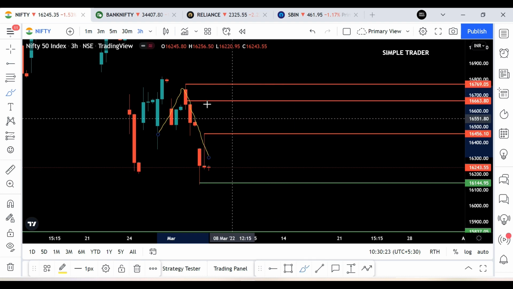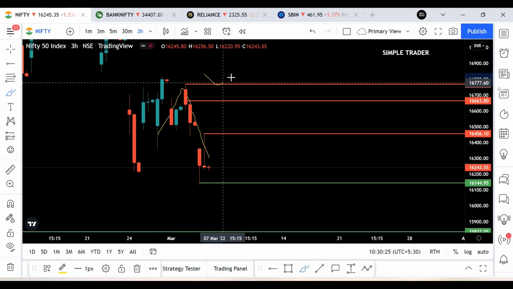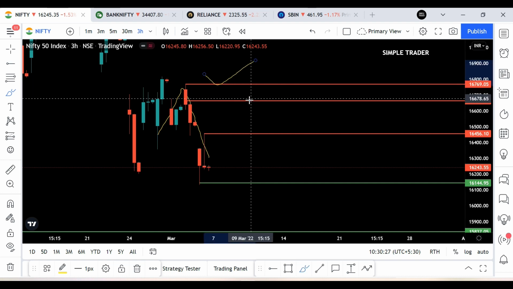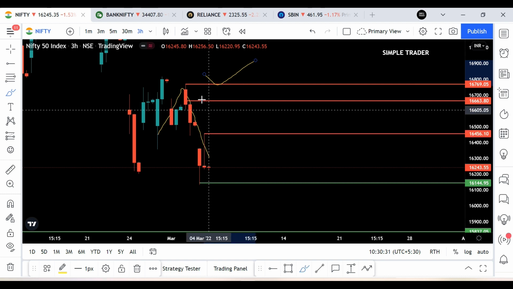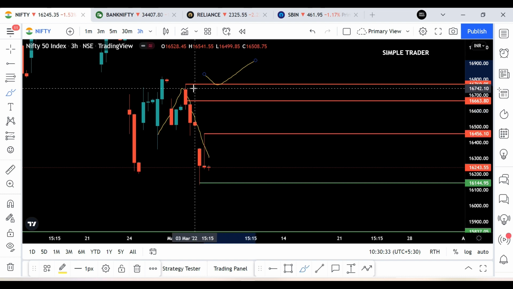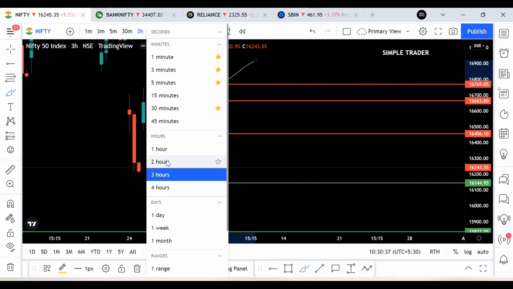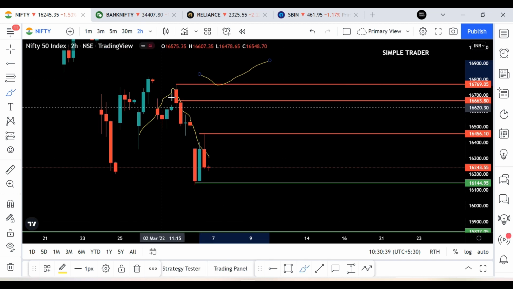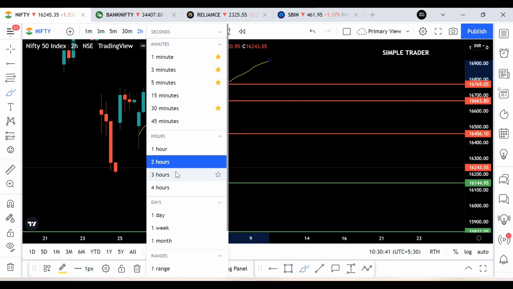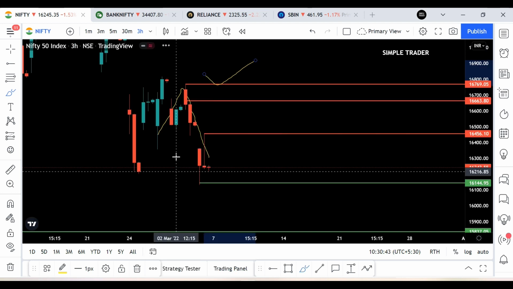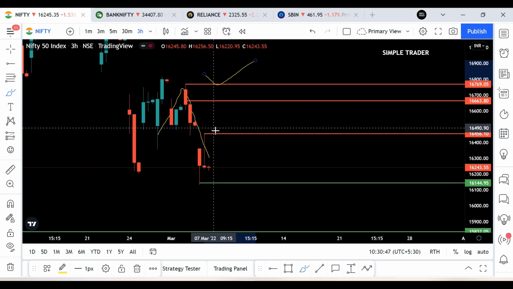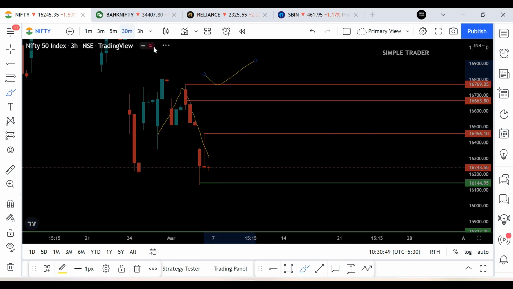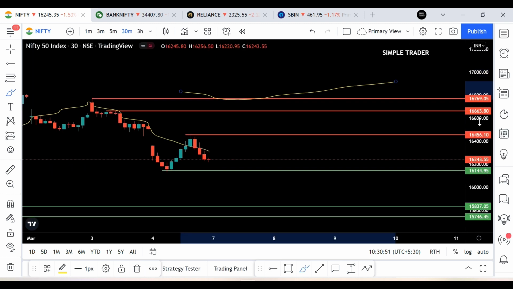Comparing these three zones, I say this zone is more high probable than this and this, because this zone is visible for a 30-minute trader, 2-hour trader, or even a 3-hour trader. So this is more high probable than these two. Let's look at the same thing in the support also, right?